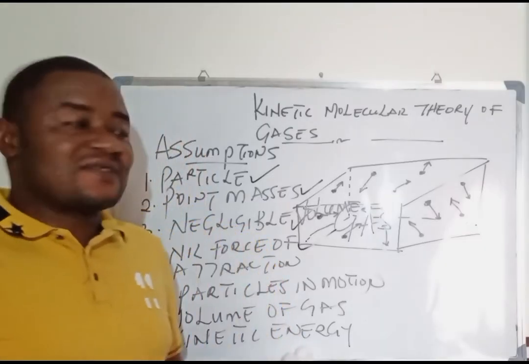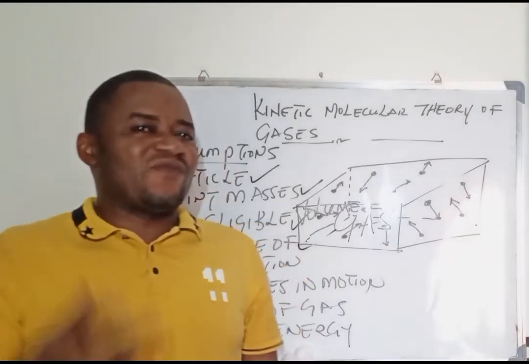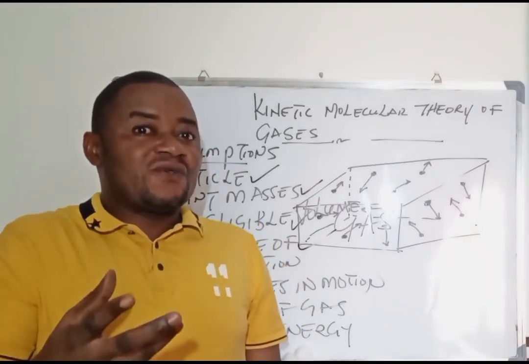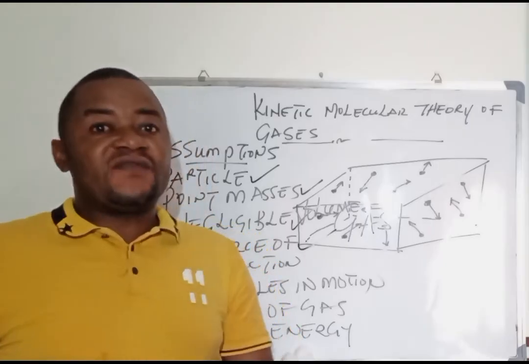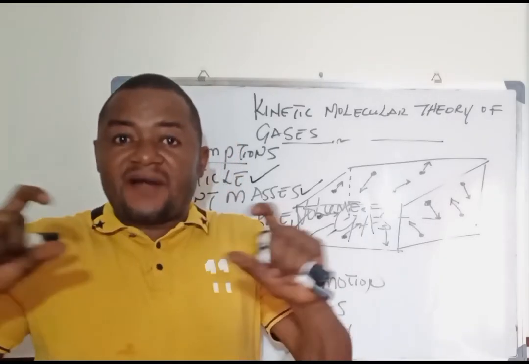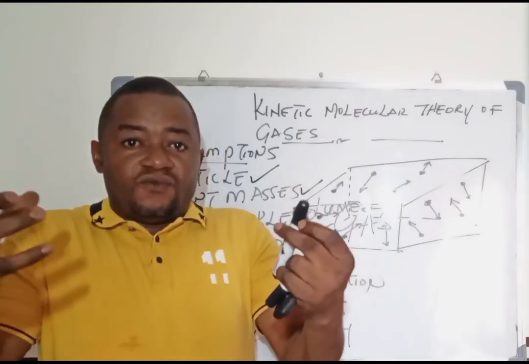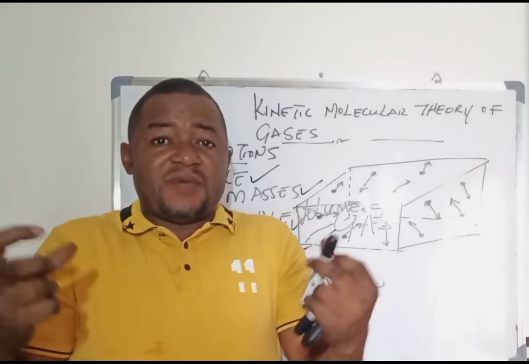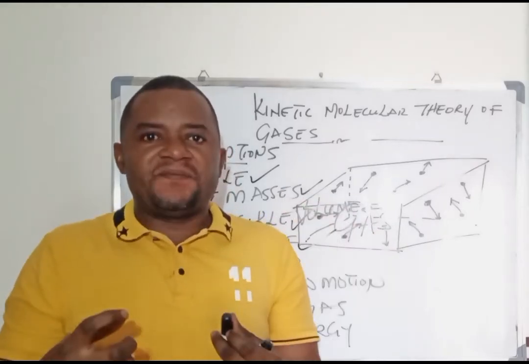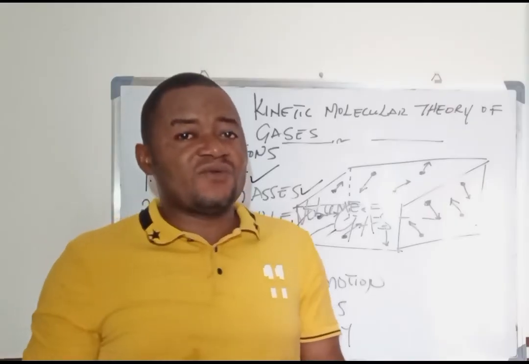So gas particles, according to the kinetic molecular theory of gases, do not possess any form of attraction or repulsion among themselves because of their negligible volume. So they stay far away, far apart. So it is difficult for their particles to drag themselves closer. It's also difficult for them to even repel themselves. They cannot attract. How do they repel?